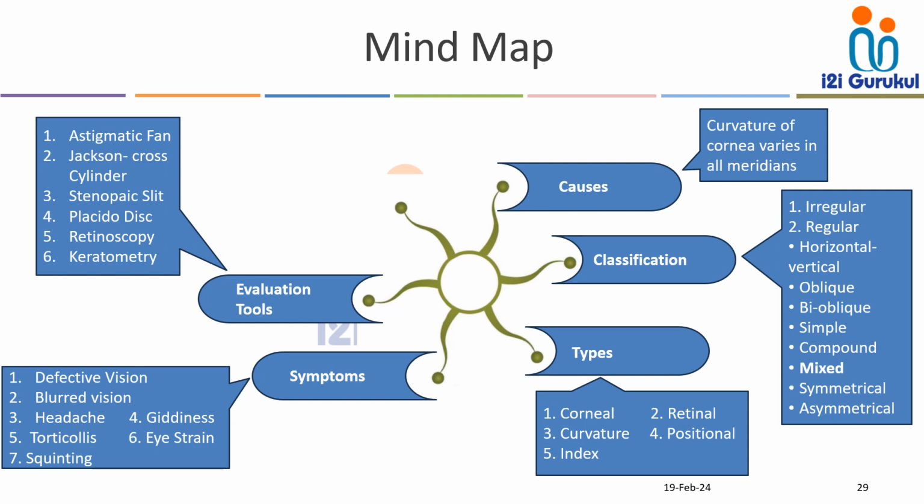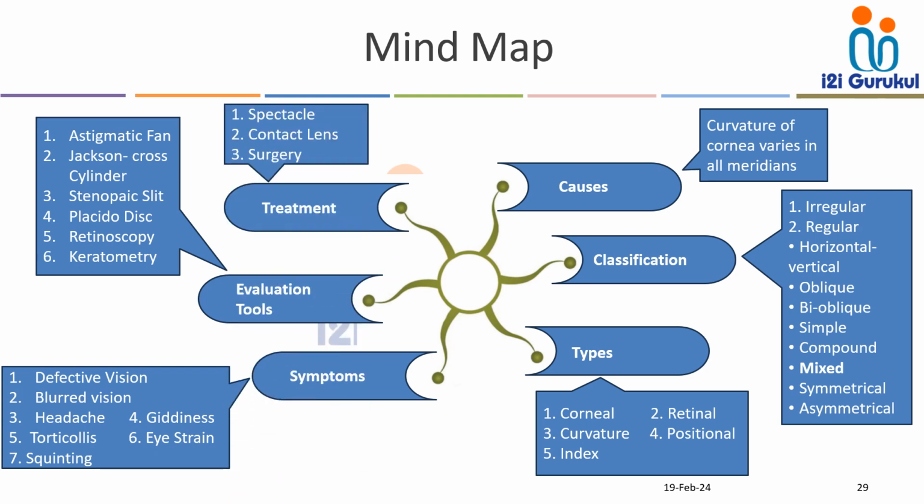Retinoscopy is to identify the objective correction of the astigmatism, and finally we can use keratometry to measure the curvature of the cornea. And what are the treatment options available for astigmatism? The spectacle is the basic one, the second one is the contact lens, and the third one is LASIK. This is the entire mapping of today's session.